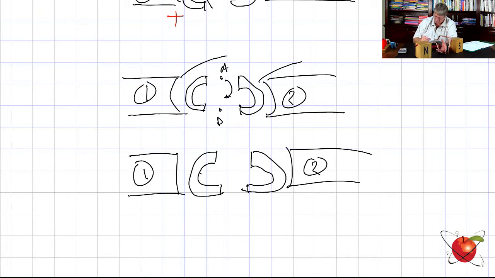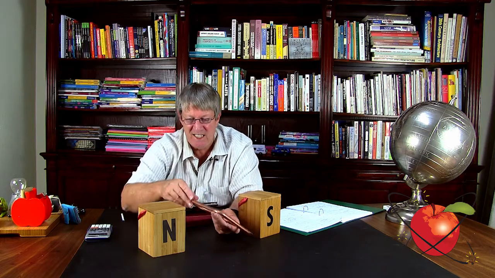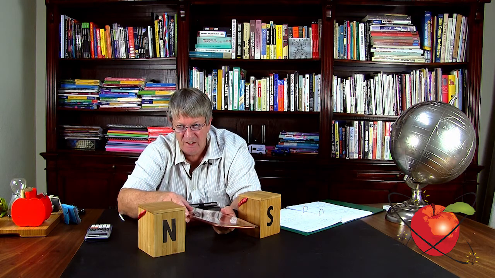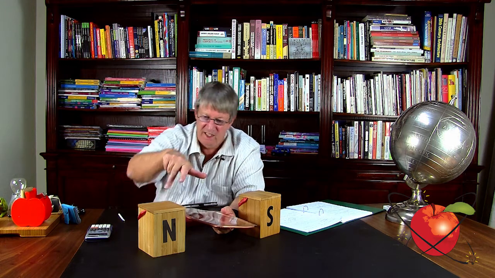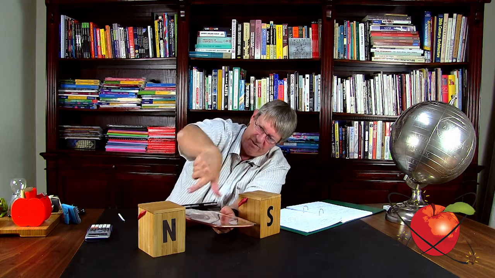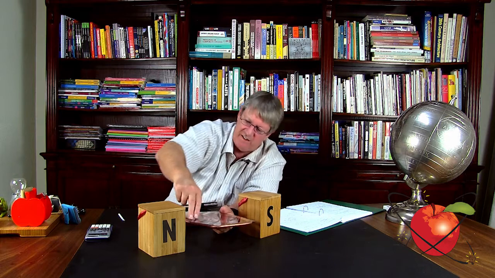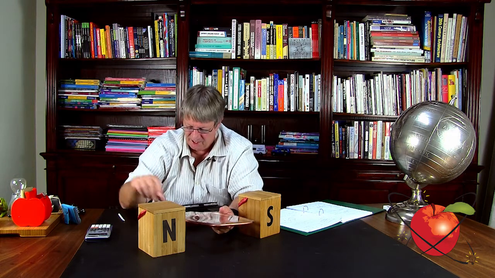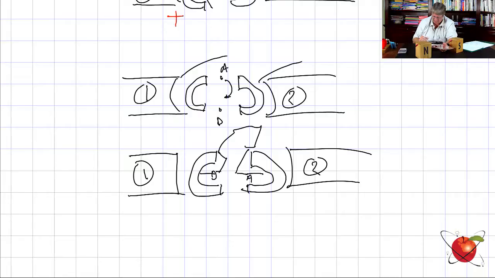Now, remember, D is over here and A is there. There's the going up to the loop there. So now I've got A, this piece is going down through the field. Okay, field down, current coming that way. So A is negative. So let's put it in.